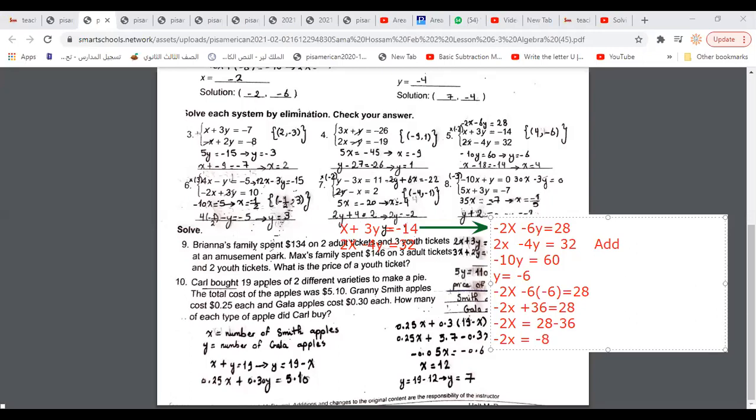Okay. Then we will divide both by negative 2. Then we have x equal 4. Right? So the answer for this equation will be 4 and negative 6.